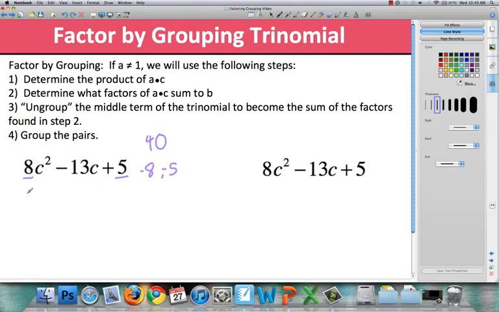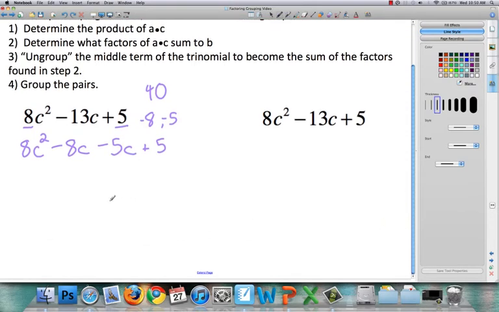So the next step, we're calling it ungrouping. We're going to ungroup this middle term of negative 13c into negative 8c minus 5c plus 5. All we did was break apart our middle term, and if you notice, we now have a 4-term polynomial. Now we're going to follow the steps of factor by grouping.